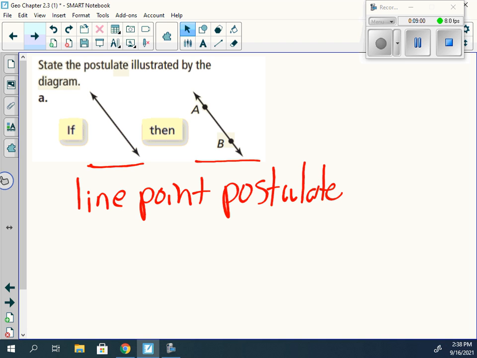It would be the 2-point postulate if we started out with points A and B. If there were 2 points, then we had a line through those 2 points, then it would be the 2-point postulate. Because the 2-point postulate starts with 2 points, then we can draw a line. Here it says if we have a line, then there are at least 2 points. This would be the line point postulate. Questions on this here?